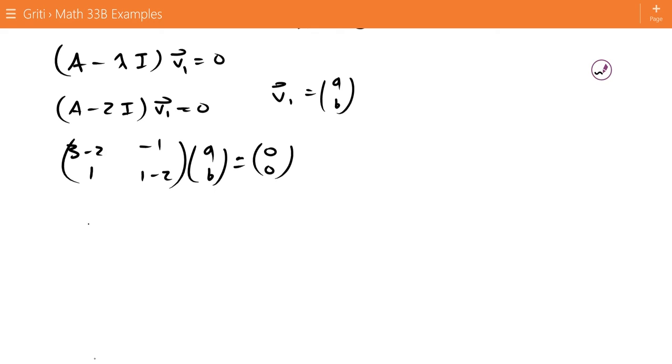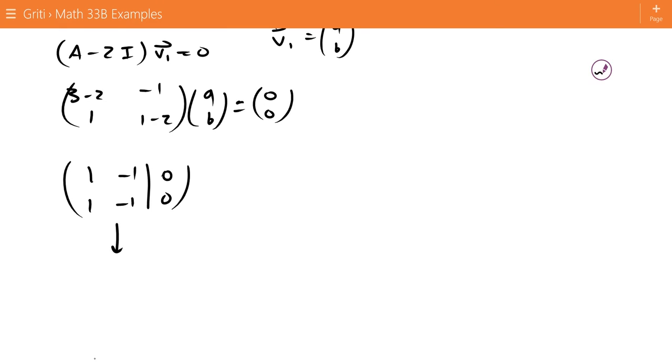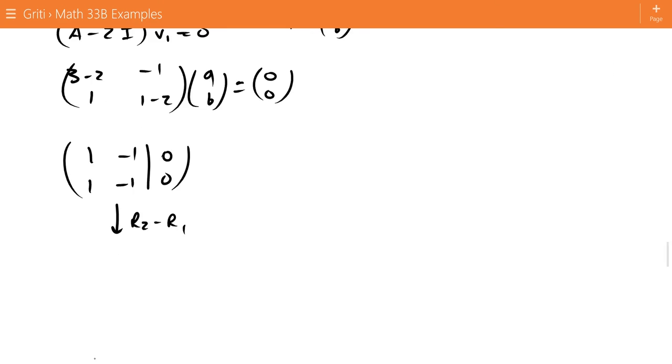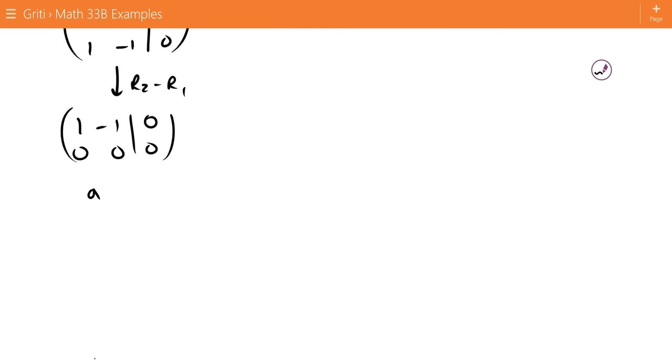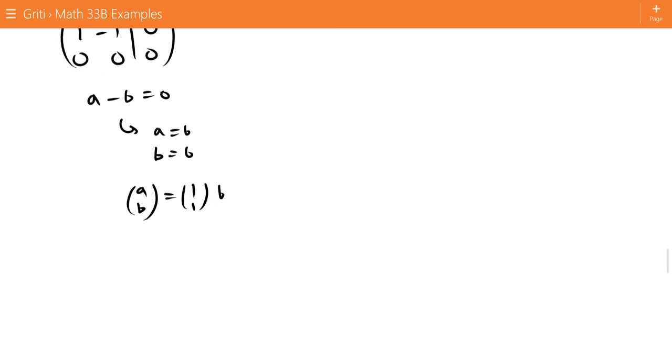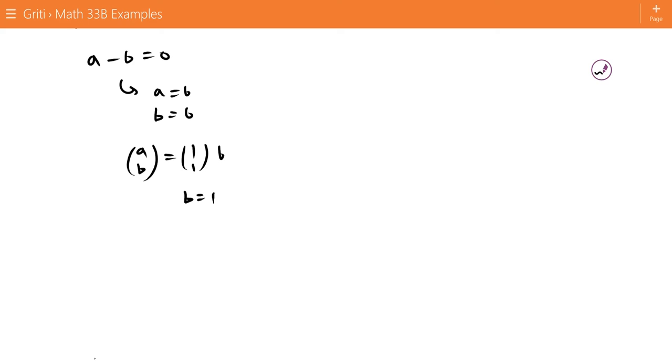Writing this as an augmented matrix, we get [1, -1 | 0; -1, -1... ] reduced: if we add r1 to r2, we get 1, -1, 0 on top and 0, 0, 0 on the bottom. So this tells us that a minus b equals 0, or a equals b and b equals b, which tells us (a, b) equals (1, 1) times b. If we set b equal to 1, then v1 equals (1, 1).